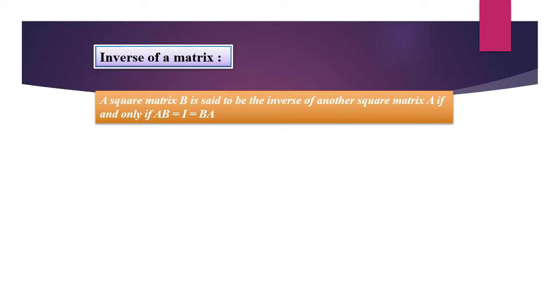So a square matrix B is said to be the inverse of another square matrix A if and only if A into B is equal to I, which is equal to B into A. That is, the product of A into B should be equal to I. Then the matrix B is said to be the inverse of A, or the matrix A is said to be the inverse of B. So the inverse, as we already studied, is denoted by A to the power minus 1.